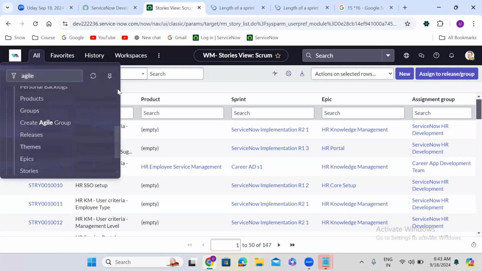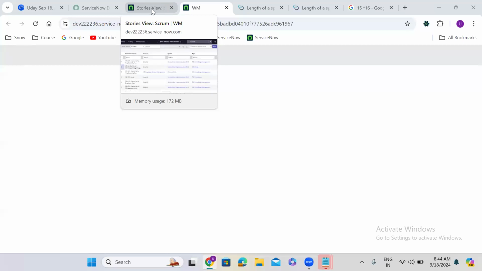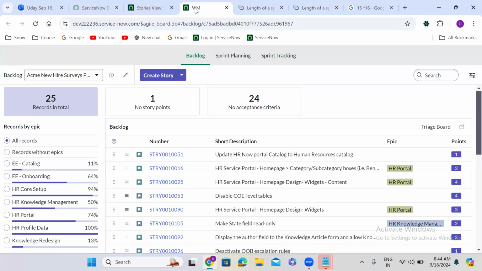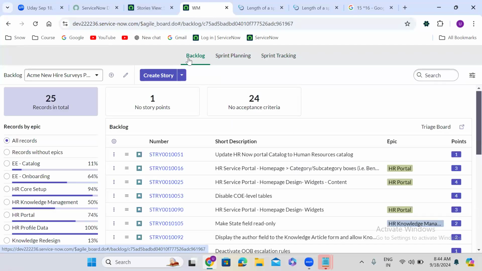If you go to the agile board, this is called the agile board. This is actually the agile board, guys.